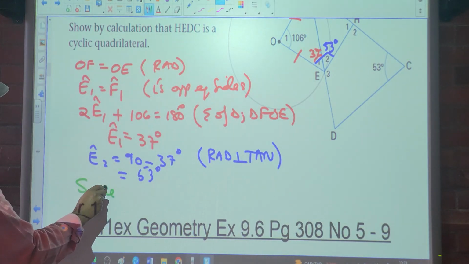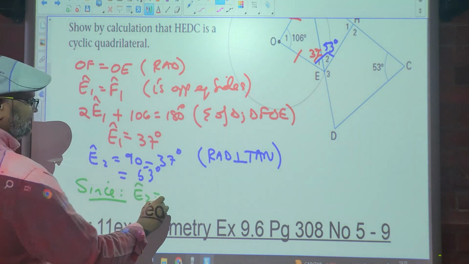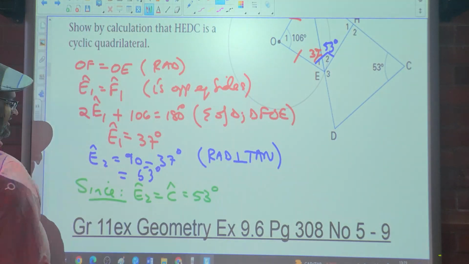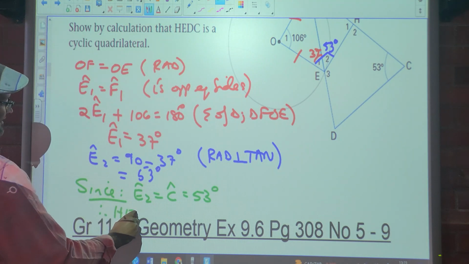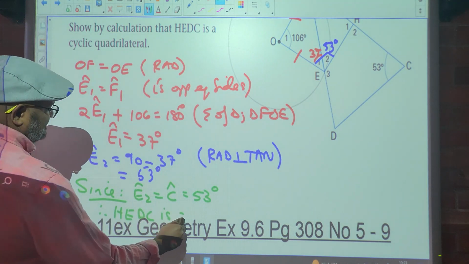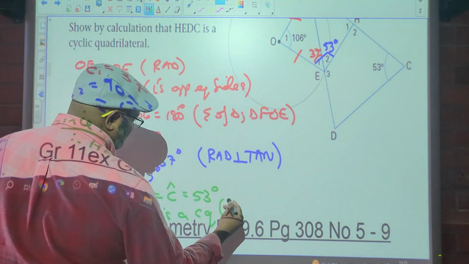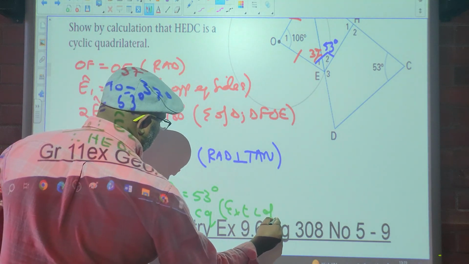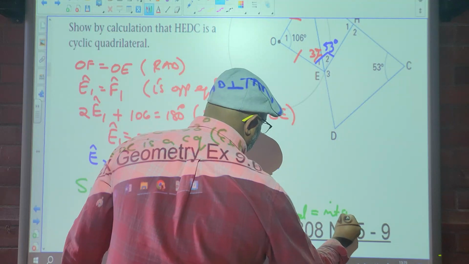Since angle E2 is equal to angle C, which is equal to 53 degrees, therefore HEDC is a cyclic quad. Why? Converse of exterior angle of a cyclic quad, or you can just say exterior angle of a quad equals the interior opposite.